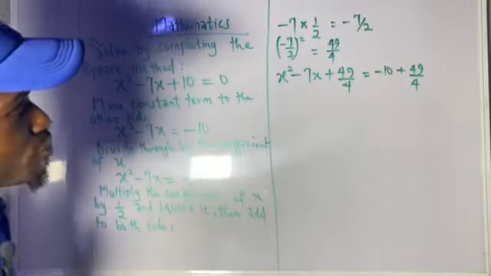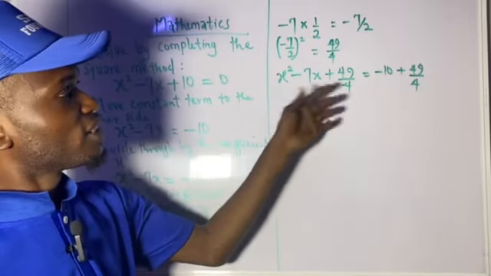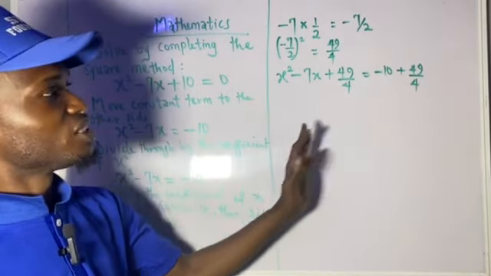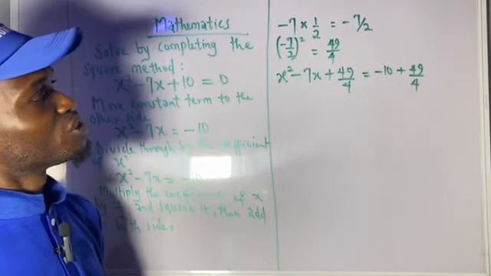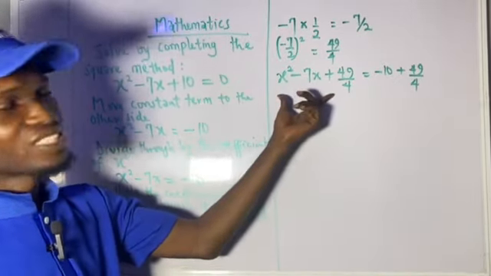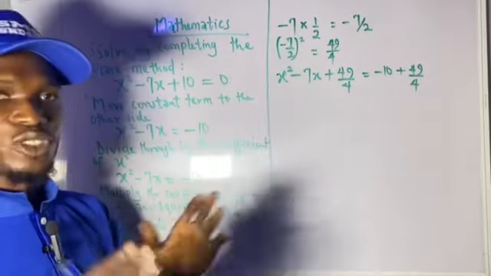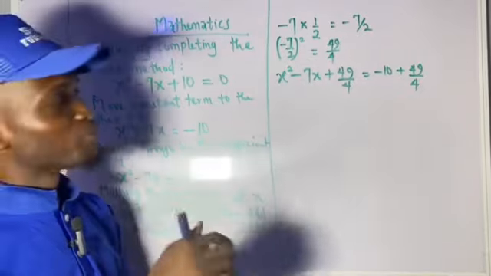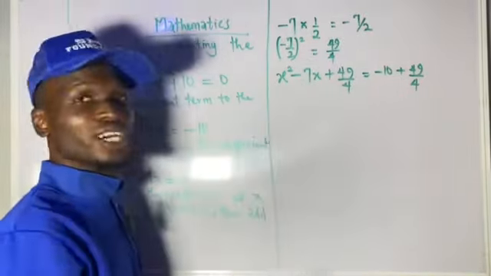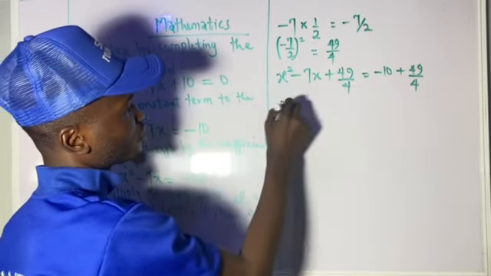Now, the expression on the left-hand side of this equation is a perfect quadratic, because there is something we can expand to get this. How do you know that thing? Take the square root of x squared, that will give us x.